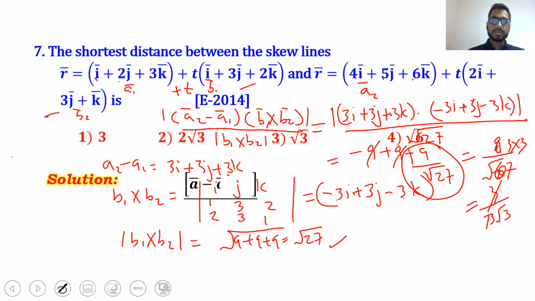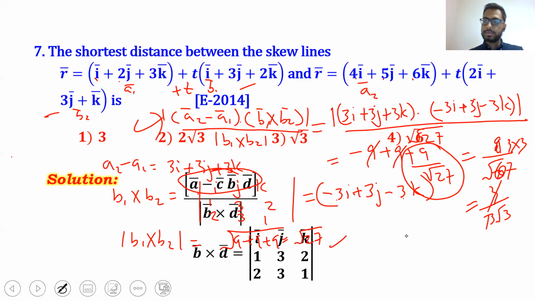In this particular solution, a different formula is used. This formula is (a minus c) dot (b cross d), but instead of using this formula, go by the method that I have told. You can get your answer easily if you use the formula directly: (a2 minus a1) dot (b1 cross b2), the whole term upon the magnitude of b1 cross b2.